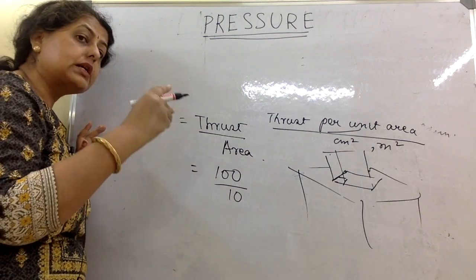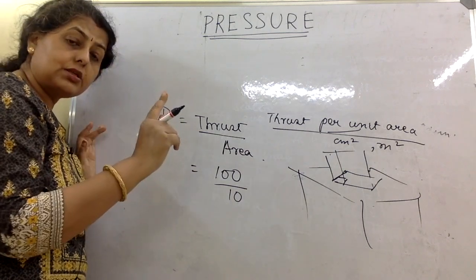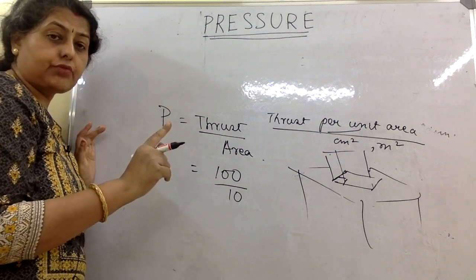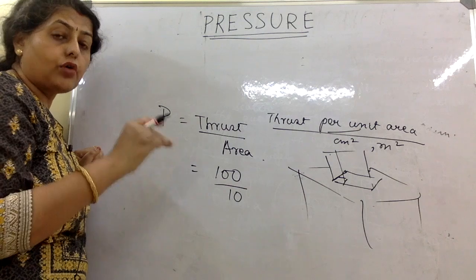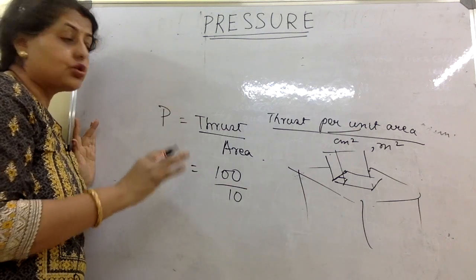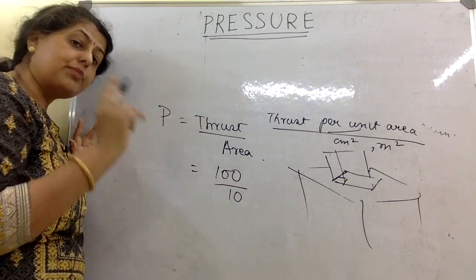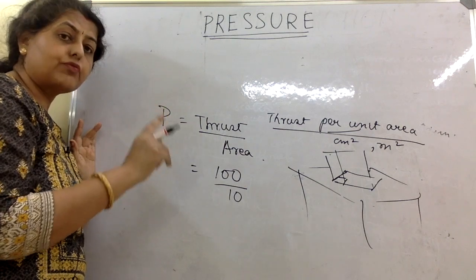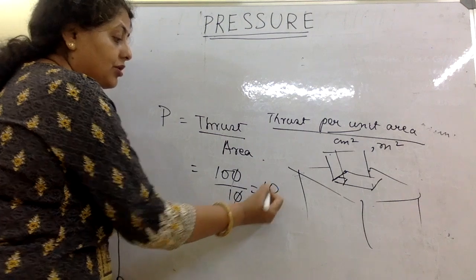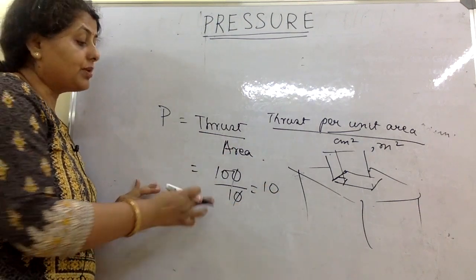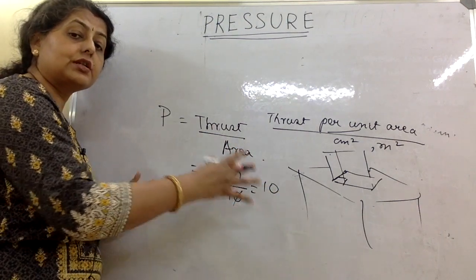The force acting on 1 centimeter square or on 1 meter square, depending on the unit, is the pressure of the body. So not the full weight but the force acting on 1 centimeter square or 1 meter square. So here the pressure becomes 10, after calculation.